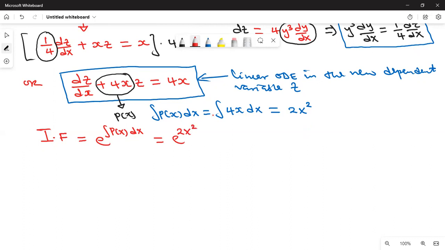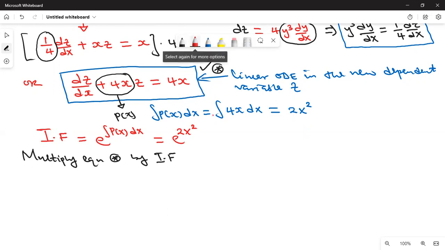Now, the next step is you need to multiply the ODE. Let's call it equation star. So multiply equation star by the integrating factor. What do we get when we multiply with the integrating factor?